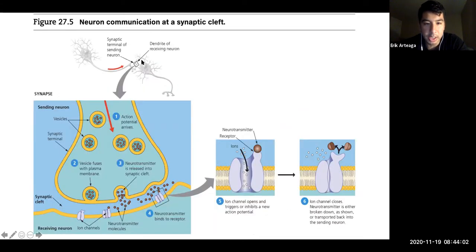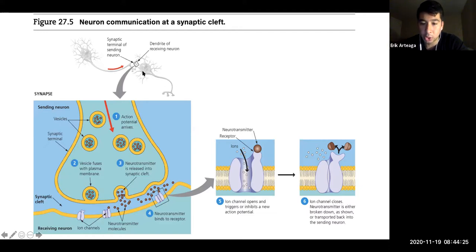And it's up to this dendrite whether or not to send the signal away, okay? If one signal is not enough to activate that specific dendrite, then multiple need to come and actually activate it. Multiple signals need to be reached by this dendrite in order to have that action potential reached, right? And it's really up to that dendritic cell of the receiving end to send that signal, okay?